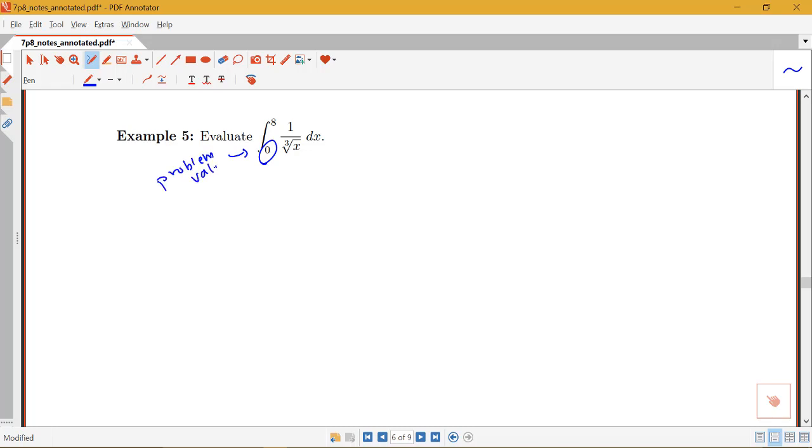That's where my function is not continuous at 0, so that's why it's going to be improper. So I'm going to have to replace that lower bound with some variable, let's say a. So I'm going to be looking at the limit as a goes to 0 from the right of the integral from a to 8 of x to the negative 1/3 dx.